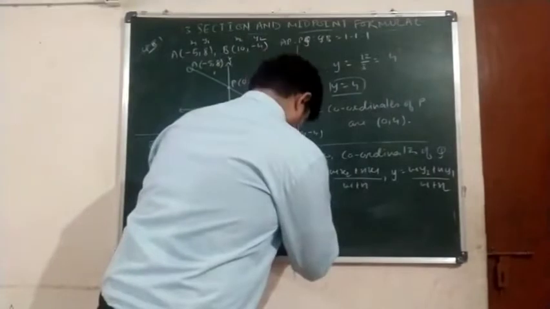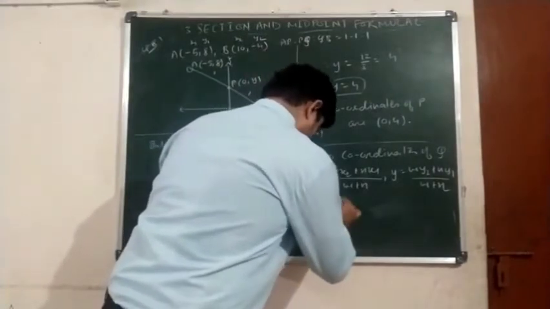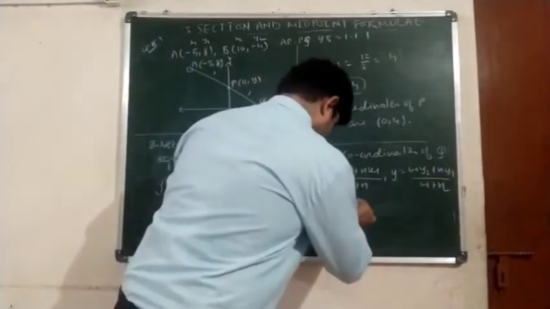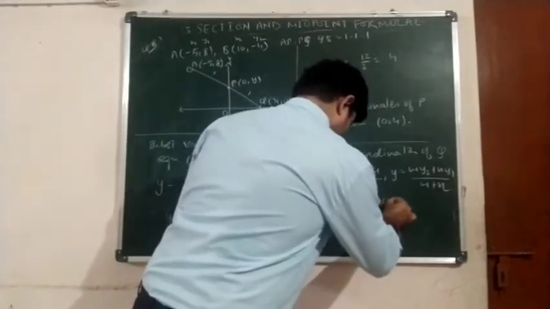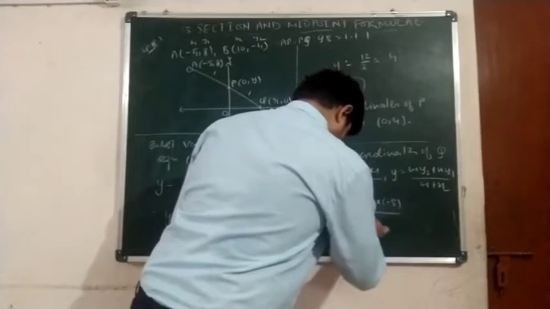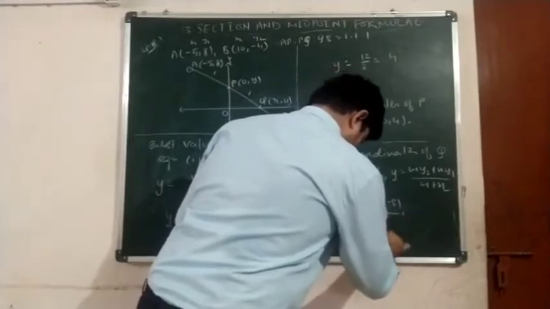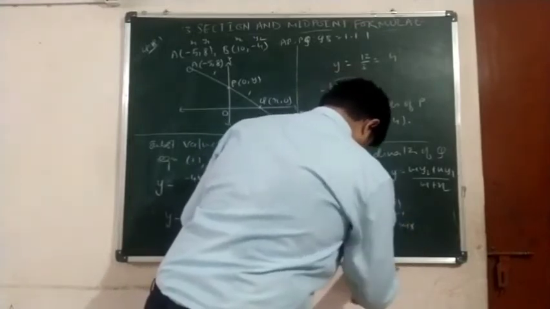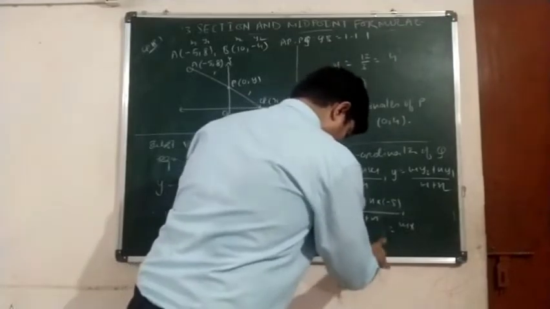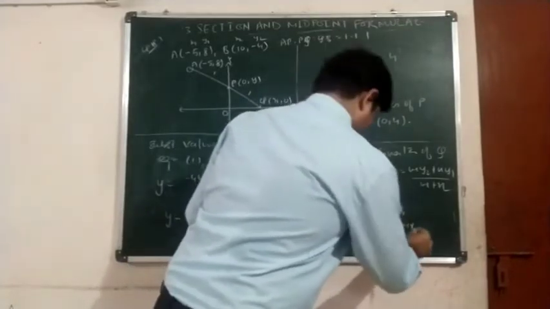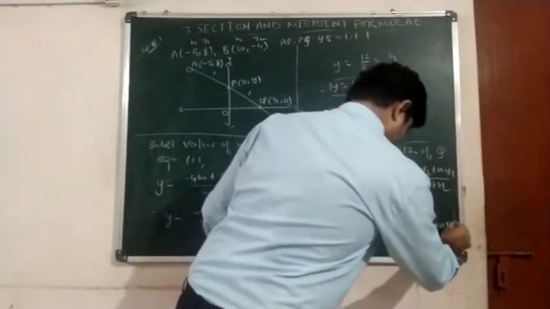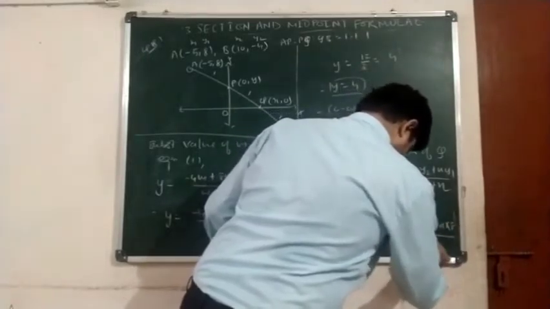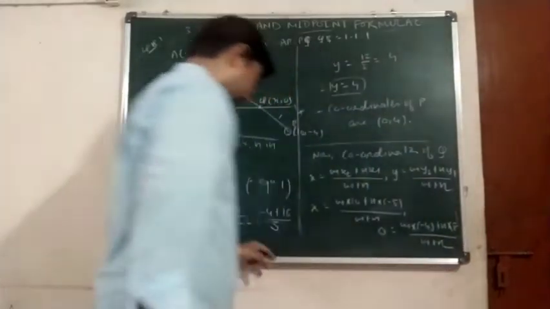So x is equal to m into 10 plus n into minus 5 upon m plus n, and y is equal to, okay, y will be 0 here, m into minus 4 plus n into 8 upon m plus n.